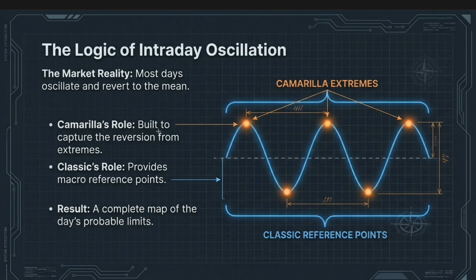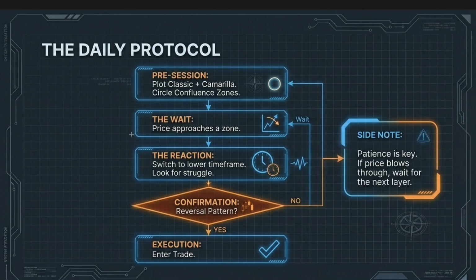Classic pivots provide different information, possible resistance and support levels, but also, if these levels are broken, confirmation of the current trend, and that can be super helpful in your trading. So let's sum this up. The trading day starts, you plot classic and Camarilla on the chart, you mark confluence zones, and thanks to that you know where there can be a good take profit opportunity or maybe time to search for reversal trades.